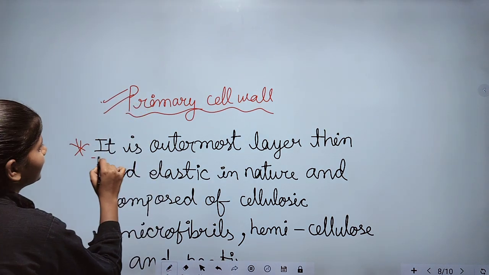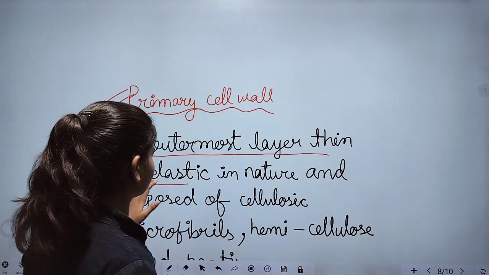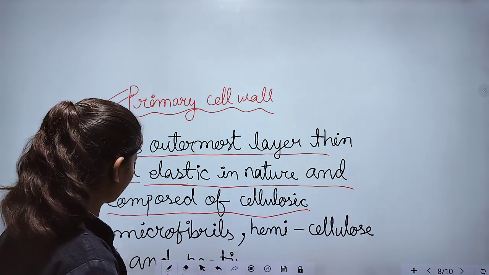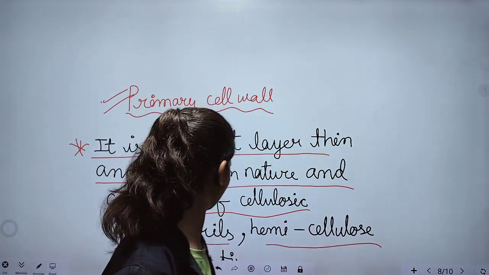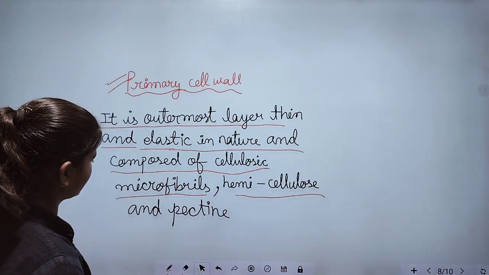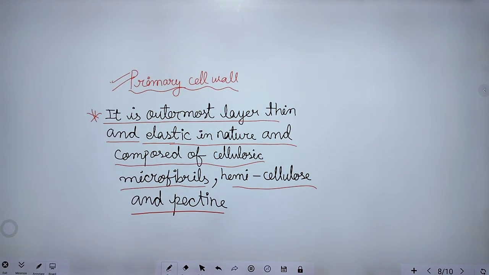The first point: it is the outermost layer, thin and elastic in nature, and composed of cellulosic microfibrils, hemicellulose and pectin.